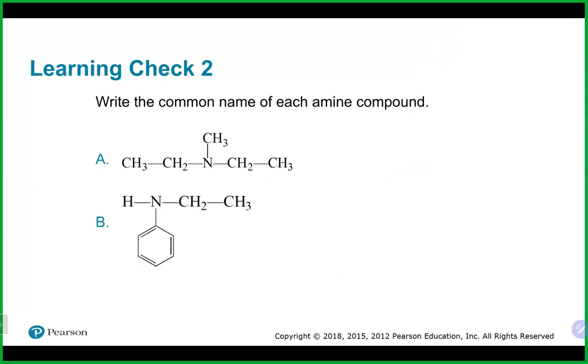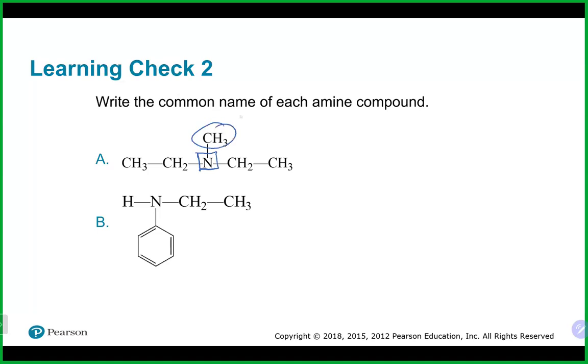All right, so we're looking for common names for each of these guys here. Okay, so let's take a look. Once again here, we're going to take kind of the ether approach. So we're just going to go to the nitrogen and see what groups we've got going on.